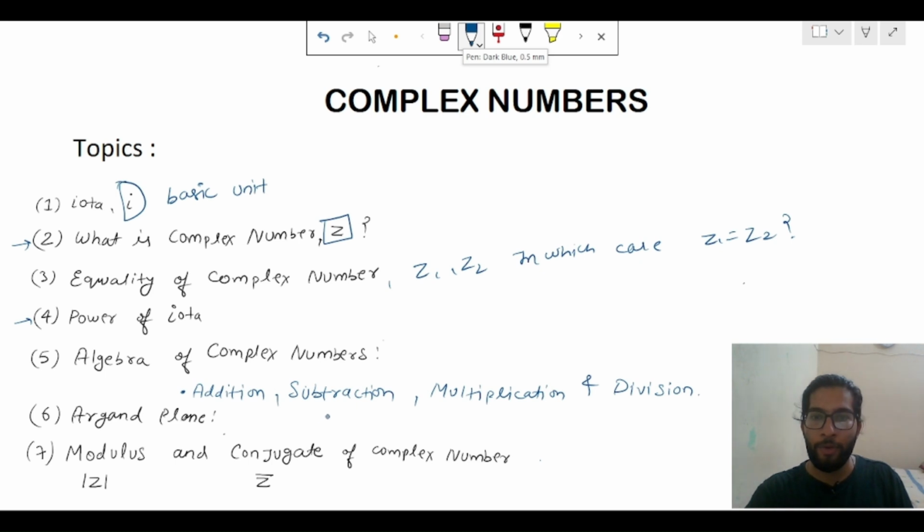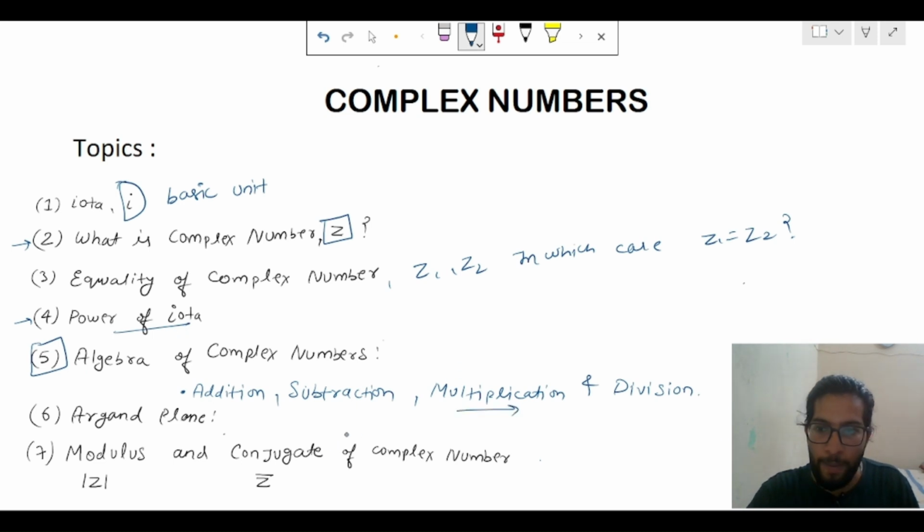Now the main point is that in many videos most educators teach algebra of complex numbers before power of iota, but I will take power of iota first.